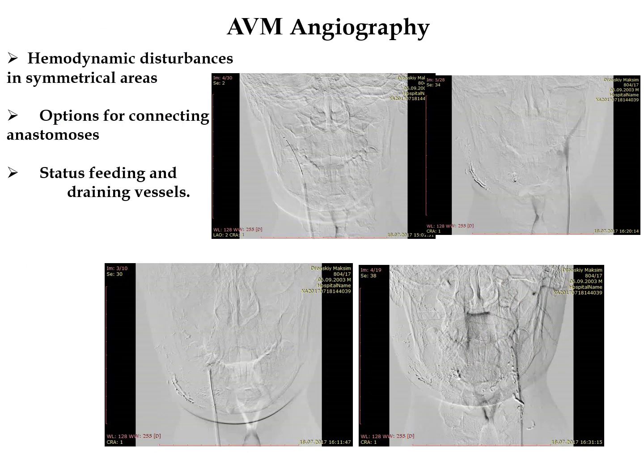Also, we use angiography of the arteriovenous malformation. By this examination, we will see the hemodynamic disturbance of symmetrical areas, options for connection of anastomosis, and status of feeding and draining vessels.